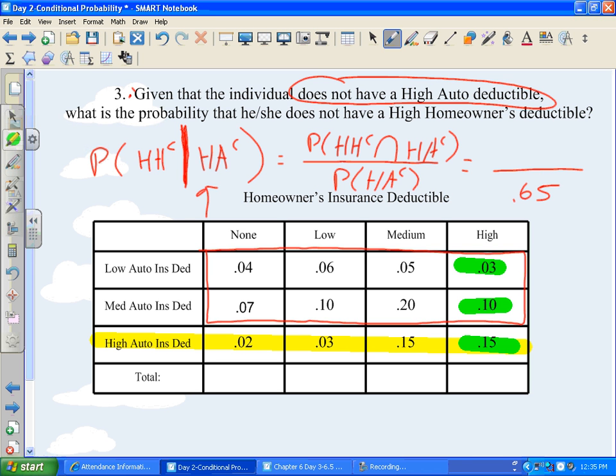Not high auto and not high homeowners is everything that's left in this box here. And that represents that intersection. I don't know what that comes out to be. 0.52? 0.52 divided by 0.65 comes out to be 0.8. Okay?